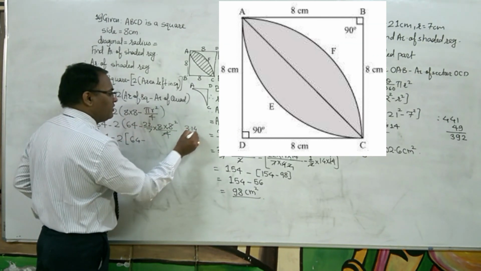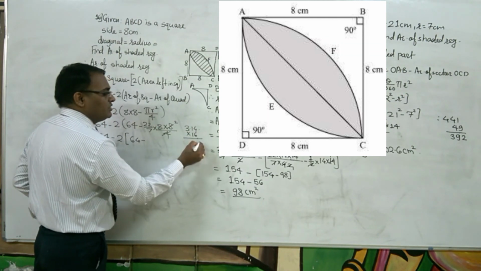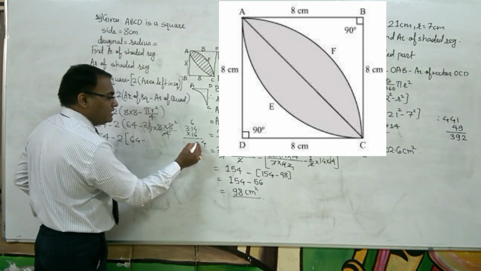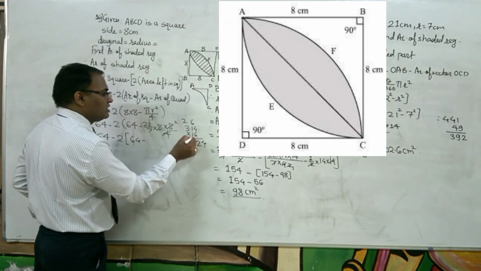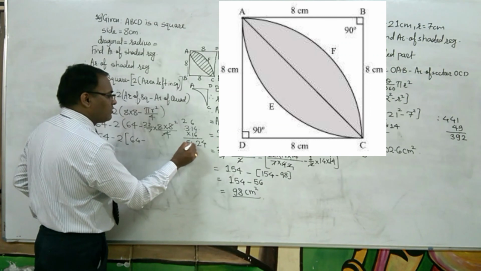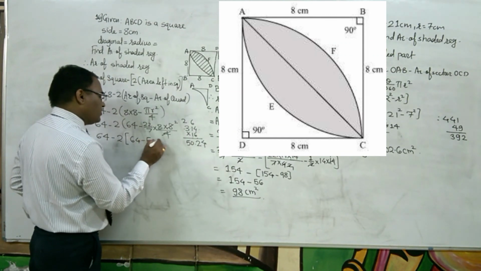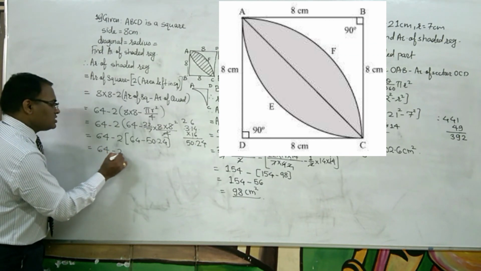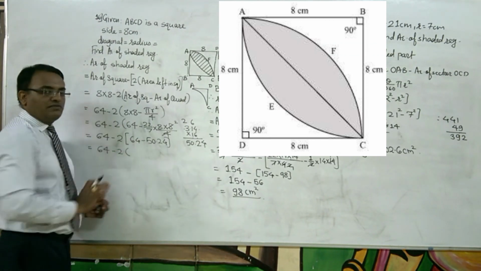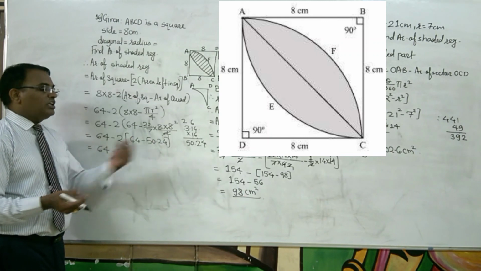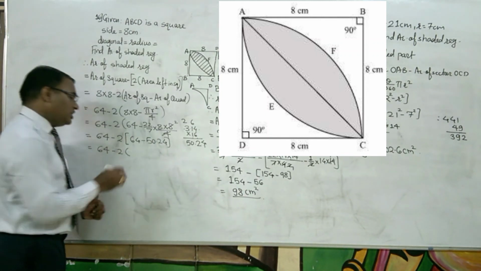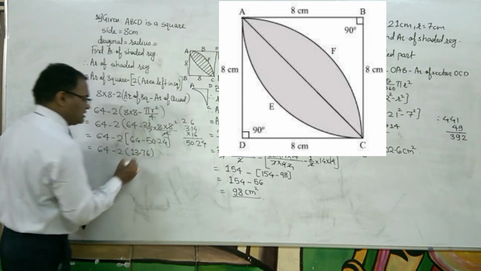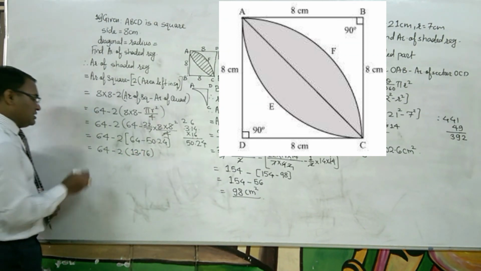So 3.14 into 16, that is 16 4s are 64, 16 1s are 16, and 16 3s are 48, 50. So this is nothing but 50.24. So 64 minus 2 into 64 minus 50 will give you 14, 14 minus 0.24 will give you 13.76. Is that okay? Yes.